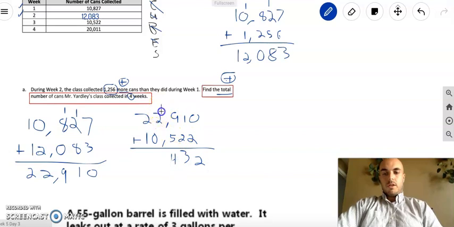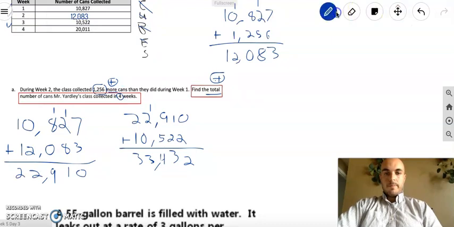Carry the 1. 2 plus nothing is 3. 2 plus 1 is 3. So I've added week 3. Now rewrite that number again. Scooch over just a little bit. 33,432 plus 20,011.